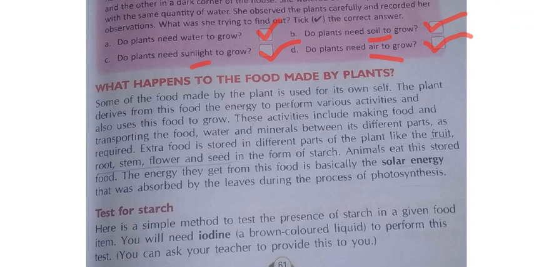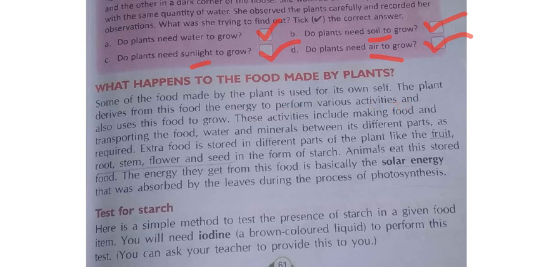Some of the food made by the plant is used for its own self. Okay. After preparing the food, some they will use for themselves only, and the plant derives from this food the energy to perform various activities and also uses this food to grow.